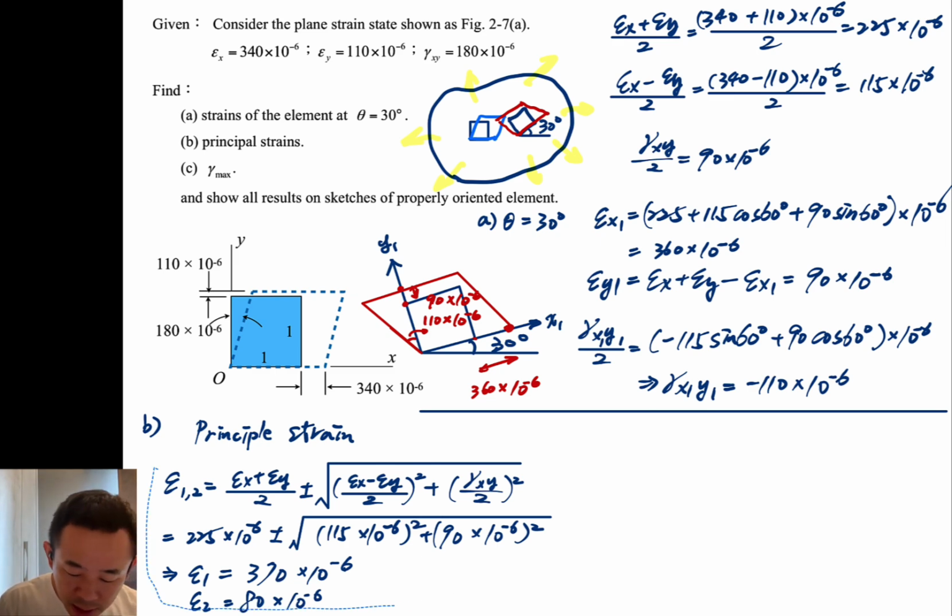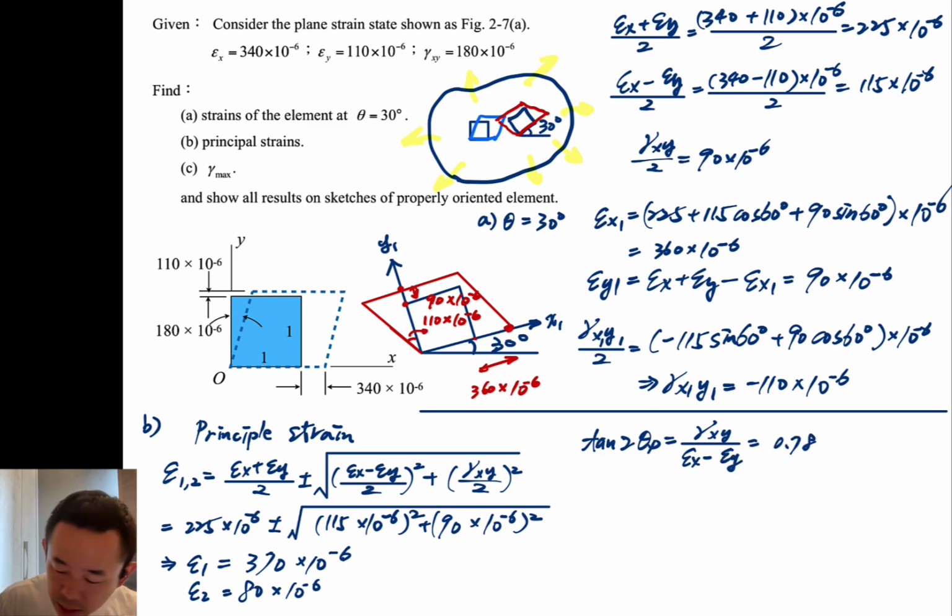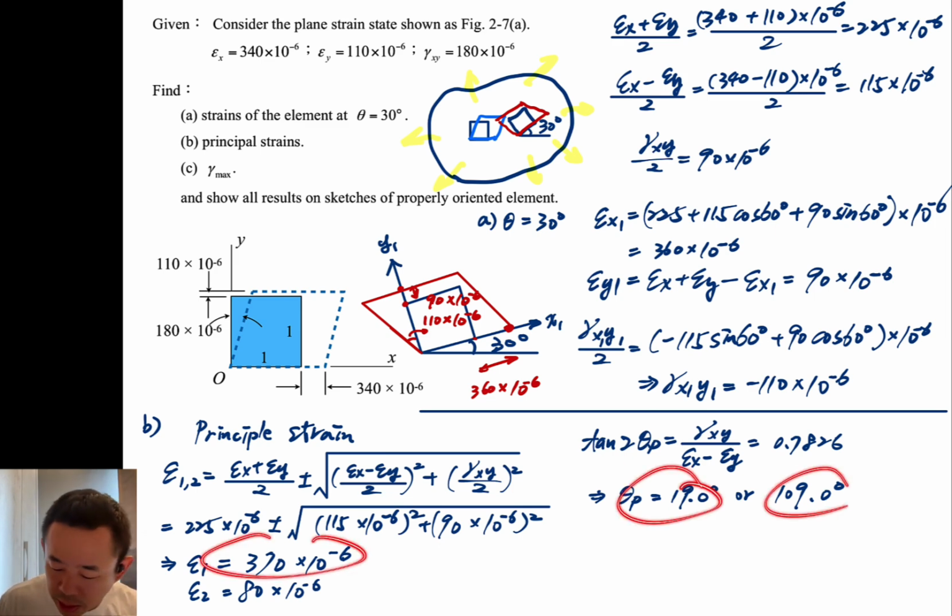The problem now is what the corresponding angle will be. Tangent of 2 theta p equal to gamma xy divided by epsilon x minus epsilon y, equal to 0.7826, which leads to theta p equal to 19.0 or 109.0 degrees. So we don't know which one is related to each one.